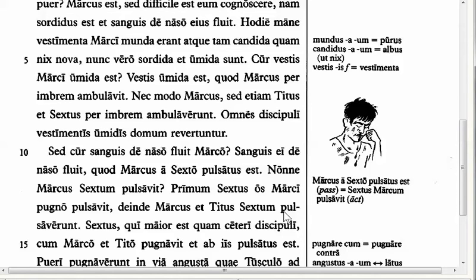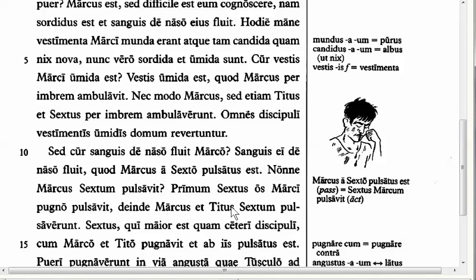So if you look this up in the dictionary, you see pulso or pulsare, I punch or to punch. And the endings, again, of the perfect: -i, -isti, -it, -imus, -istis, -erunt. So here we have the -erunt ending, the third person plural. They punched. Marcus and Titus punched Sextus.